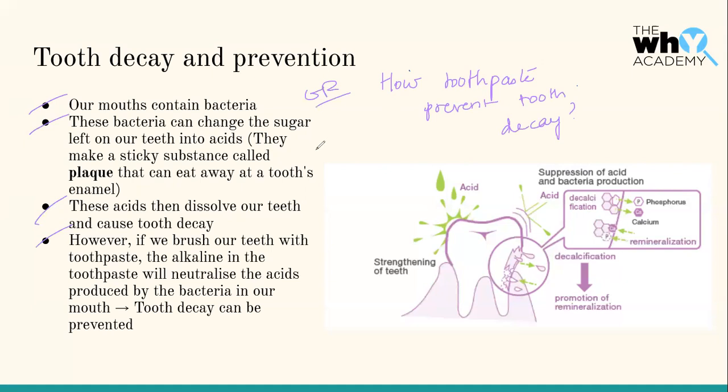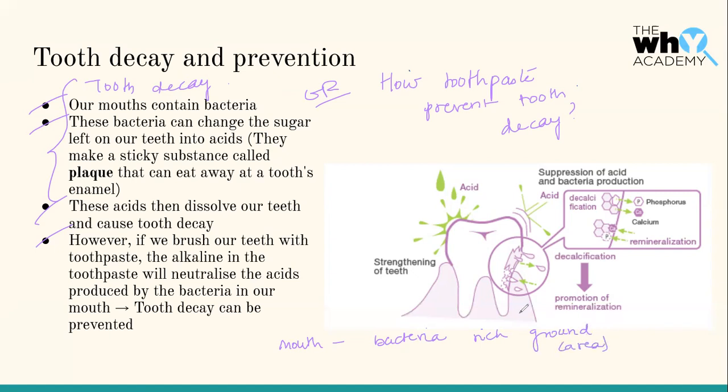So how you go about it is, first you explain how tooth decay happens, which is explained here, that these are points of tooth decay. So basically when you eat food, and the food gets lodged between your teeth, you must be aware that our mouth is a bacteria-rich area.